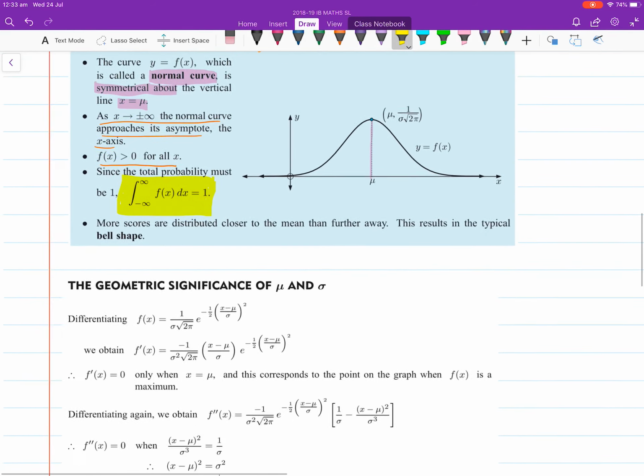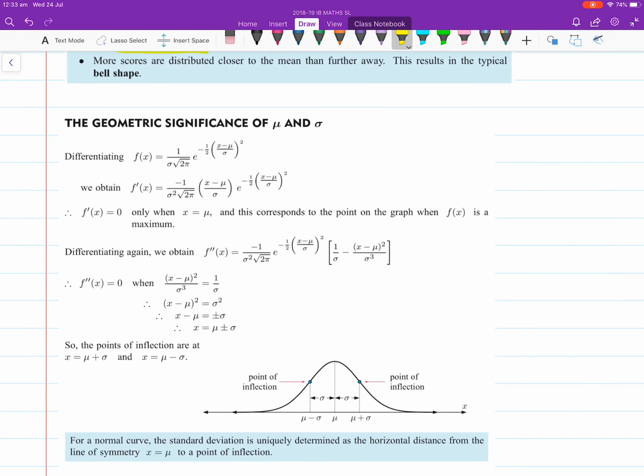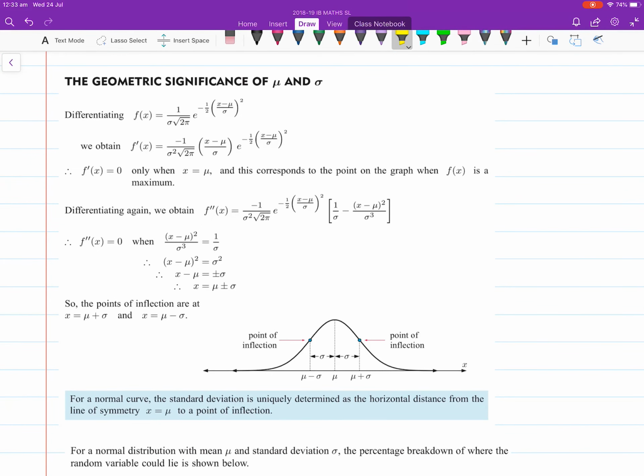Okay, now we're going to do a little bit of calculus here, a little bit of theory. Probably not likely to ask you to explain this, but it will deepen your understanding anyway, and hopefully it will still be helpful. So this is titled the geometric significance of mu and sigma in your textbook, but I guess it just means how do we see or represent or visualize mu and sigma on the graph, physically.